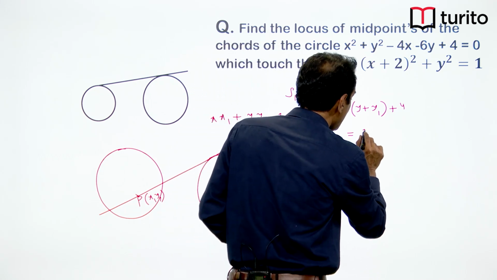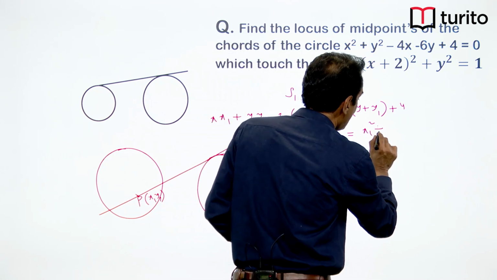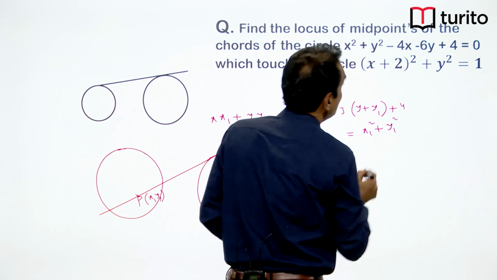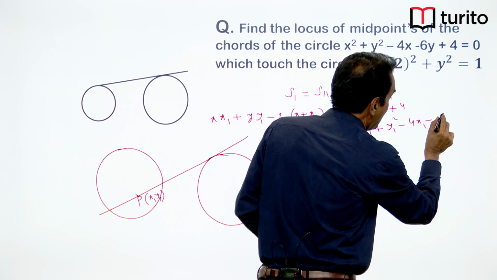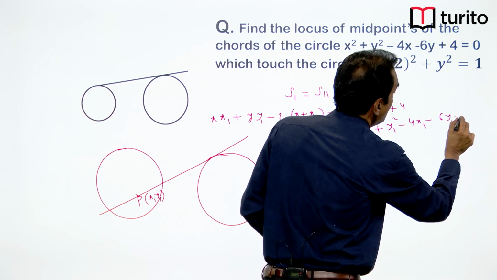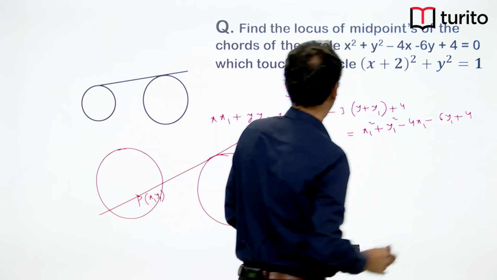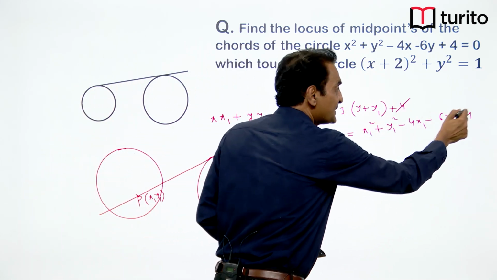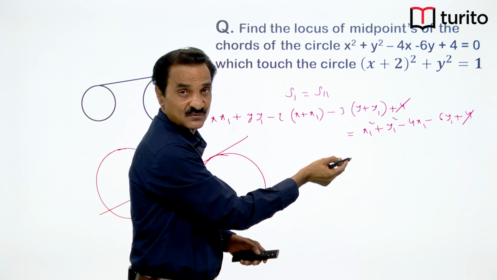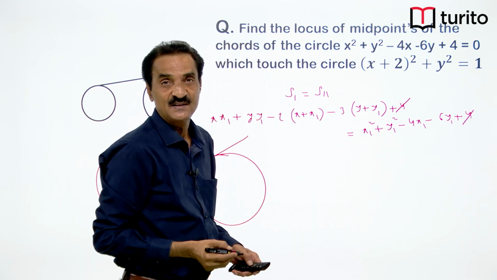S11 is x1 square plus y1 square minus 4x1 minus 6y1 plus 4, right. Now cancel the common terms, 4 cancels, and here minus 2x1 cancels and minus 3y1 cancels.